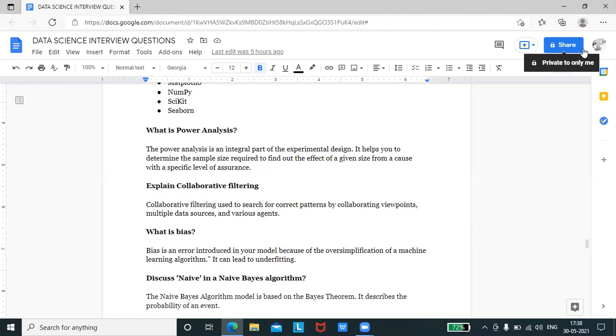Then we have measurement bias. This type of bias occurs when the data collected for training differs from that collected in the real world, or when faulty measurements result in data distortion.